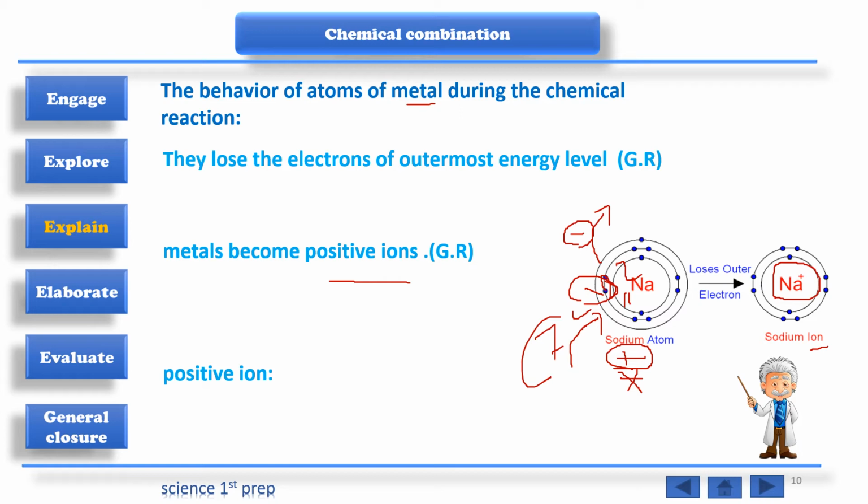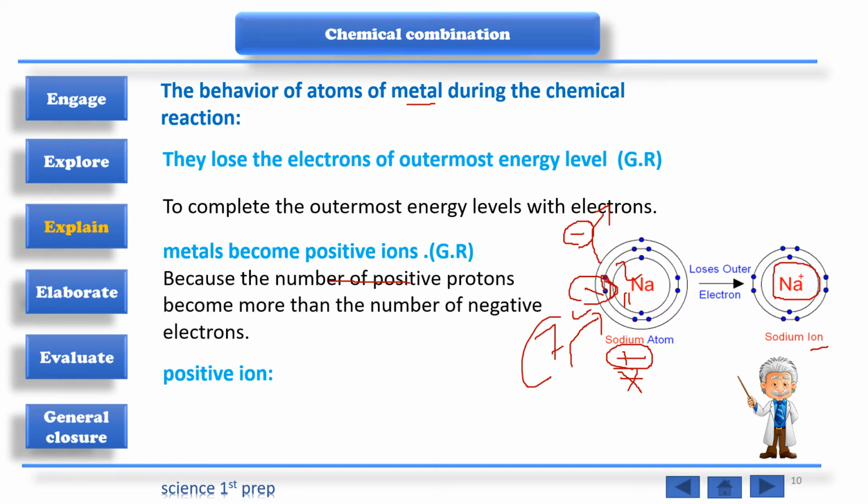Okay? So here the metals lose the electrons of the outermost energy level to complete the outermost energy level. And it becomes a positive ion because the number of positive protons becomes more than the number of negative electrons.